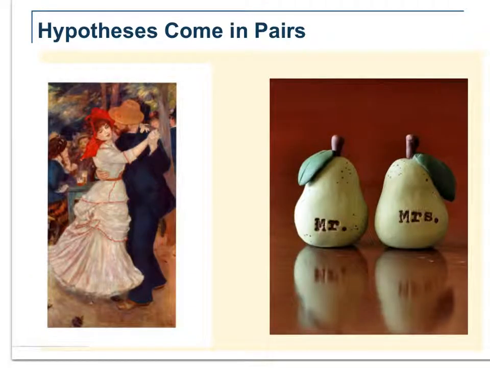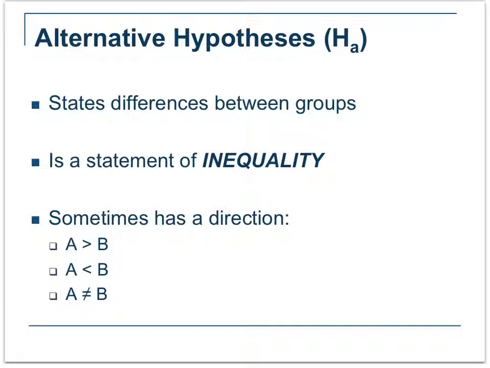Of course these hypotheses come in little pairs. You have H naught and HA. Here's what we've talked about earlier. HA, your alternative hypothesis, is where you get to say what you are interested in. This is where you get to say, I really believe that my intervention, my drug program, is going to help these people.